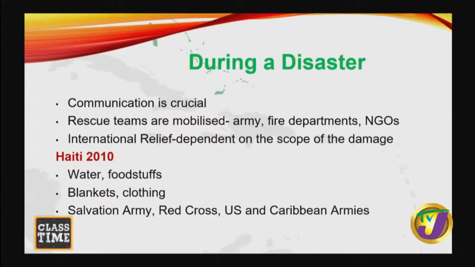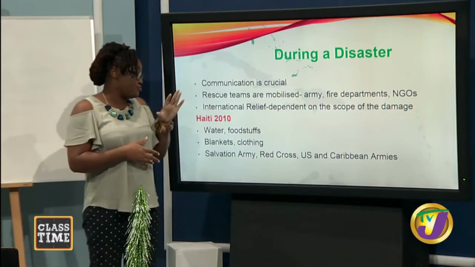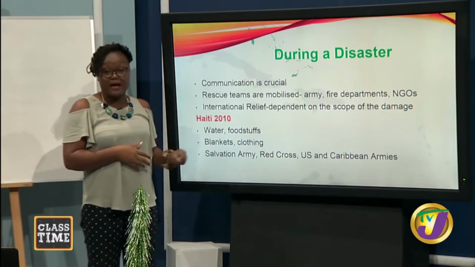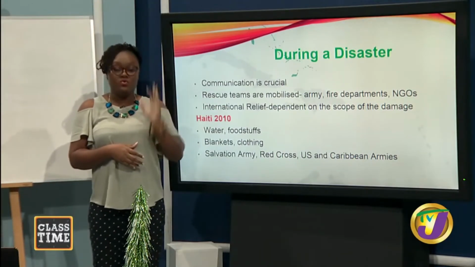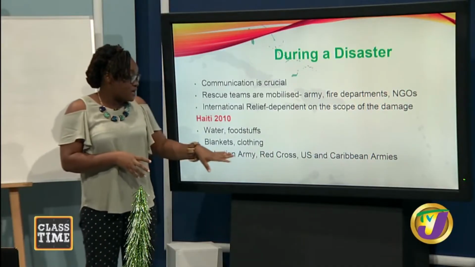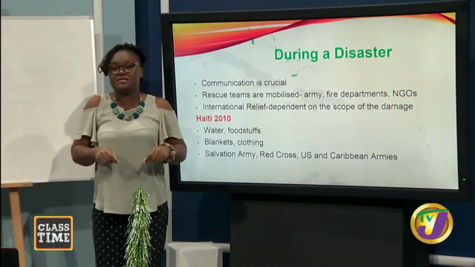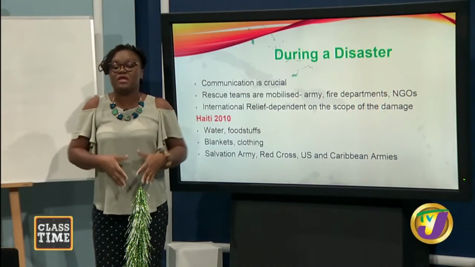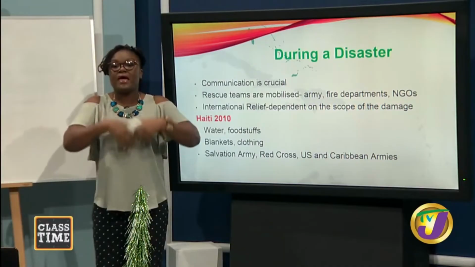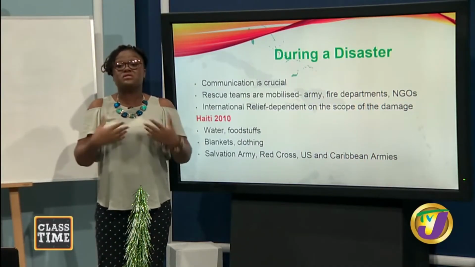And we go back to Haiti as an example in 2010. Now, with that devastation there in Haiti, they needed water, foodstuffs, drinking water that is, blankets, clothing, you name it, they needed it. And so you had the Salvation Army, Red Cross, the US and Caribbean governments sending our own people there to assist, to help during the disaster, because it was still going on.